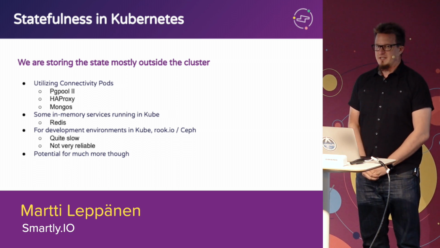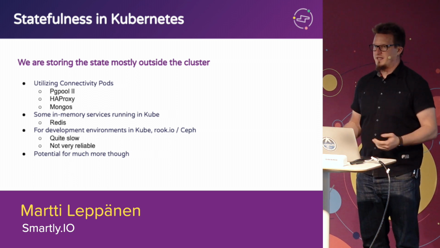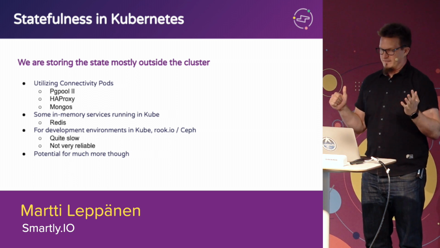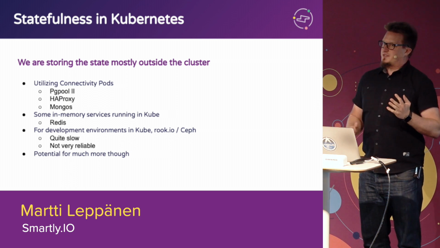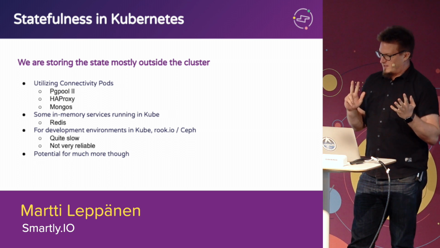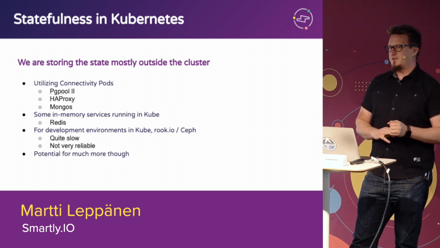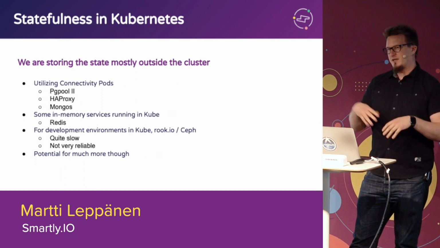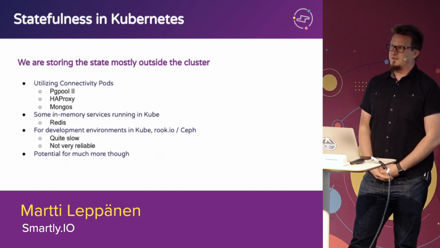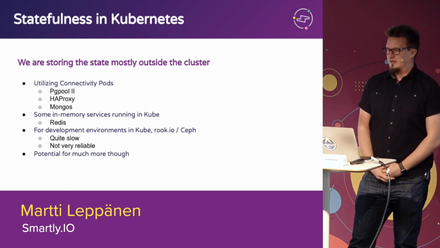We're utilizing connectivity pods. We are communicating obviously with different databases. We have Postgres, we have Redis, we have RabbitMQ, we have Mongo, and all these things, and we need to be able to communicate with them from the application to different databases and different places to store the state. And at the moment, what we're using is connectivity pods.